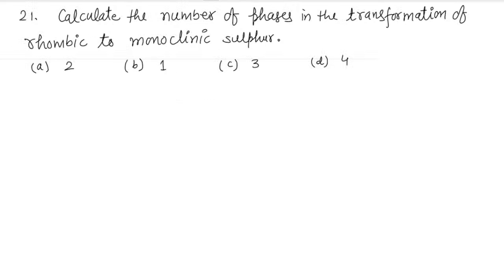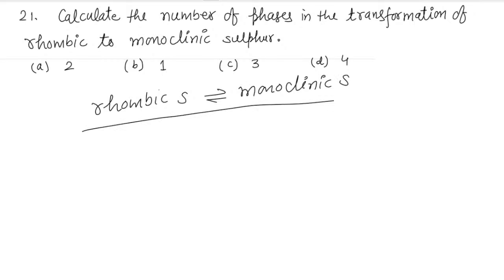Question number 21. Calculate the number of phases in the transformation of rhombic sulfur to monoclinic sulfur. Yes. So in rhombic sulfur to monoclinic sulfur, if they are in equilibrium, or generally we consider them in equilibrium, both phases are present, rhombic sulfur as well as monoclinic sulfur.